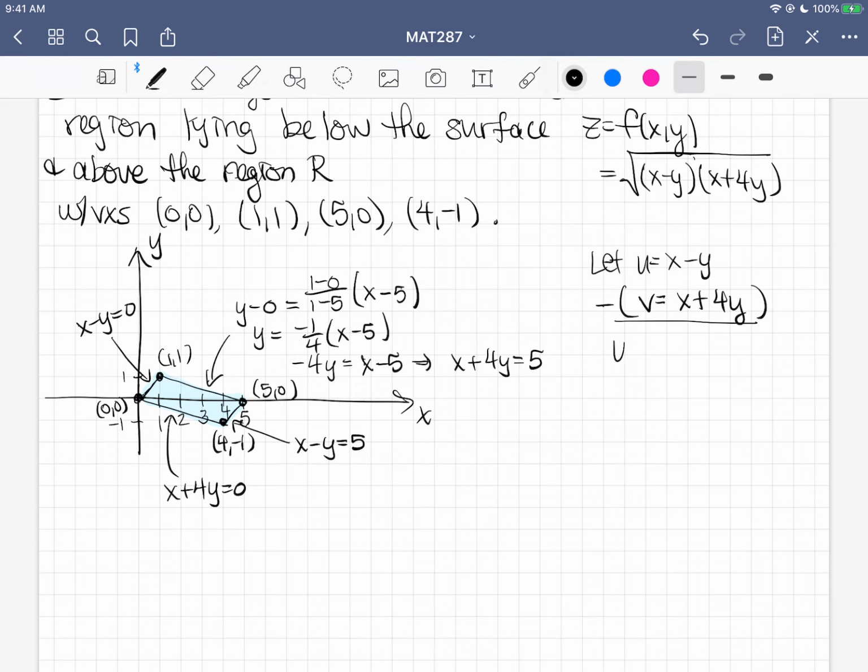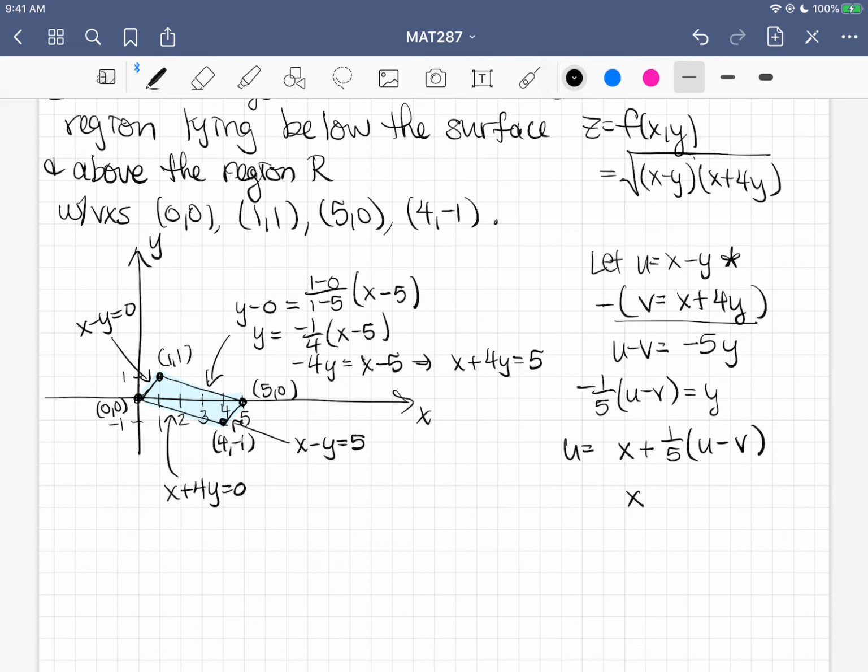So I get u minus v equals negative 5y, and I'm solving for y, so divide by negative 5. I get y equals negative 1/5 times the quantity u minus v. Now I can plug into the top equation. So u equals x minus y, so x plus 1/5 times the quantity u minus v.